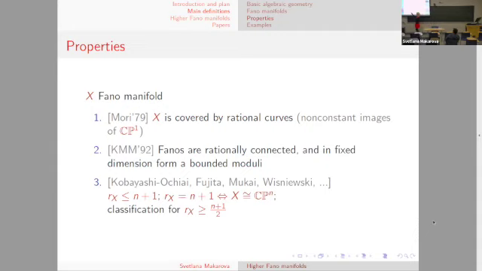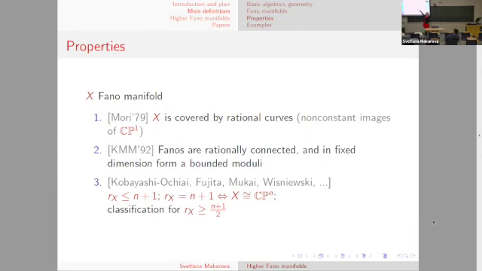They also proved that index is equal to n if and only if X is isomorphic to a quadric in a projective space, meaning a solution of a degree 2 polynomial equation. And then there are further results due to Fujita and Mukai, who gave full classification for index n-1 and index n-2.